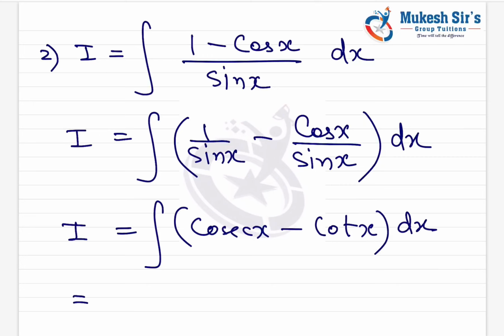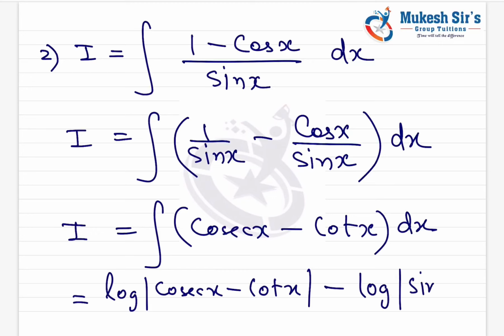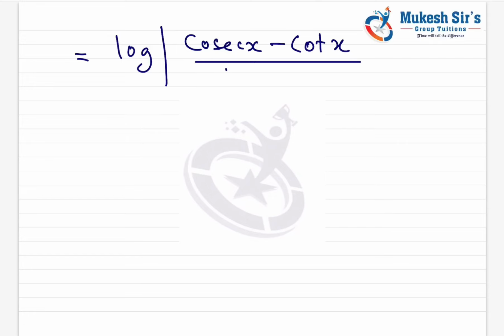Use the formula. Cosec's integration is log of mod of cosec x minus cot x, minus cot's integration. Cot's integration is log of mod of sin x plus c. Right? You can use log of a minus log of b is equal to log of a upon b. So your net answer is log of mod of cosec x minus cot x the whole upon sin x plus c. That's the answer.